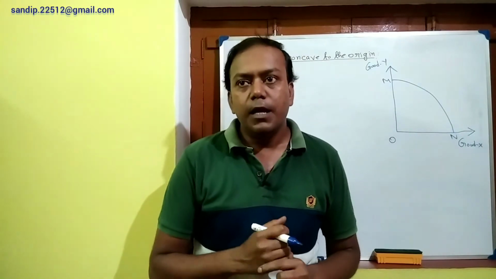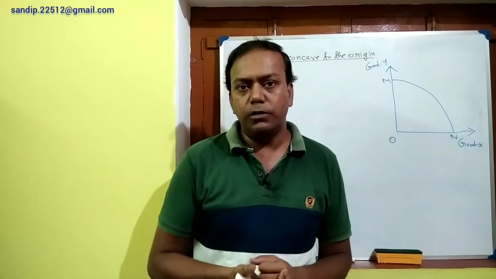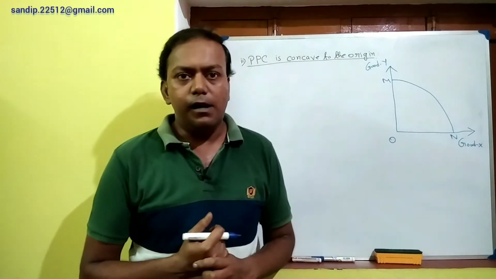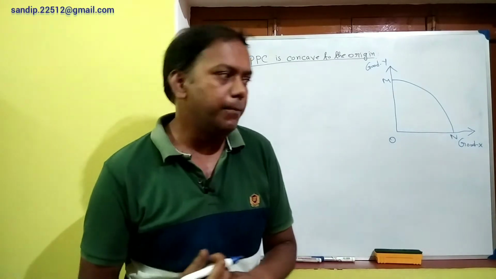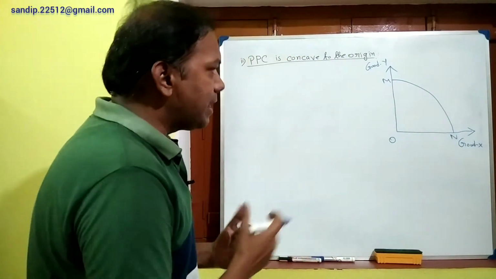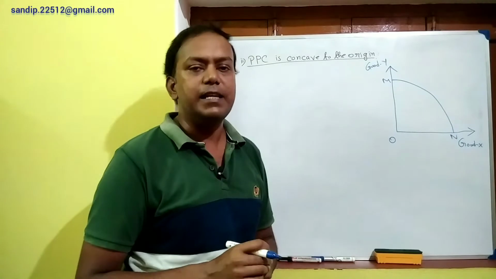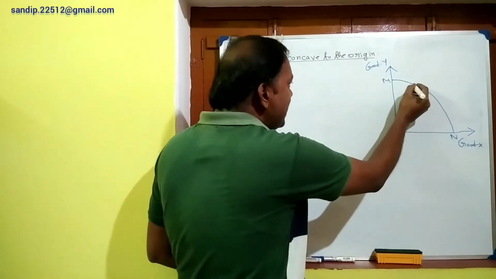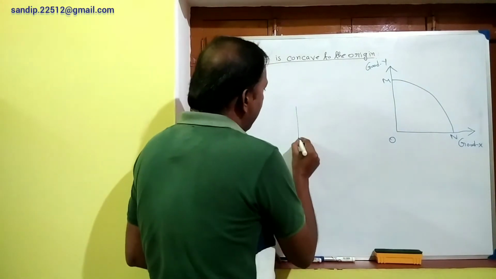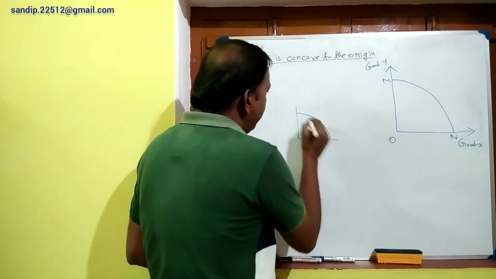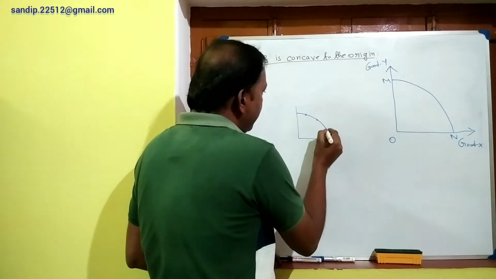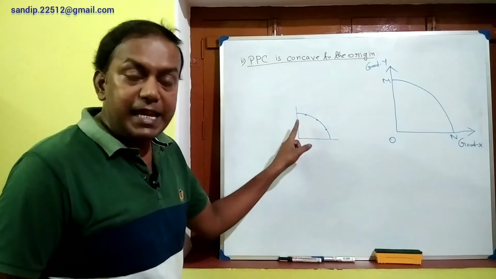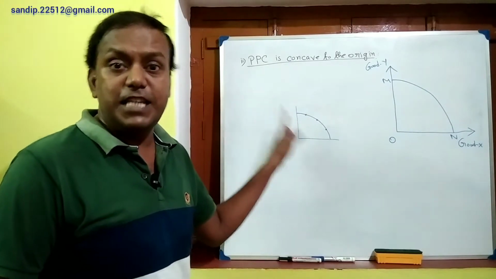Now before going to prove this, here one thing you have to remember: what is the mathematical concept of concave? At each and every point on a curve, the slope of the curve actually changes.